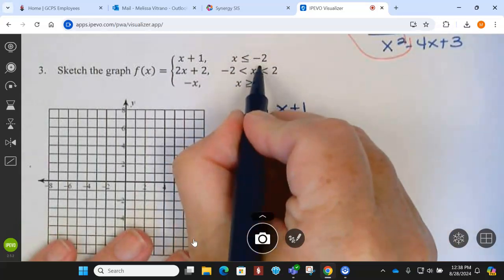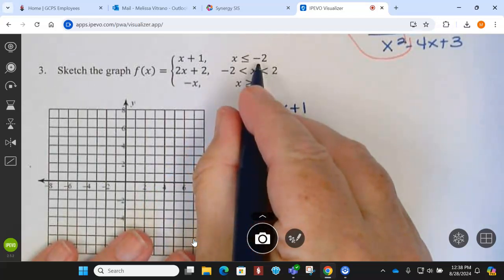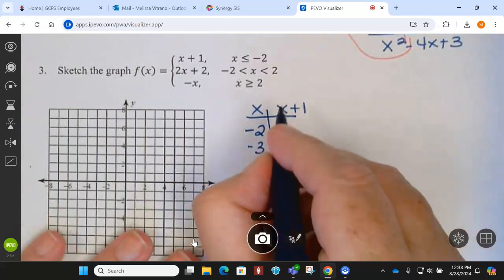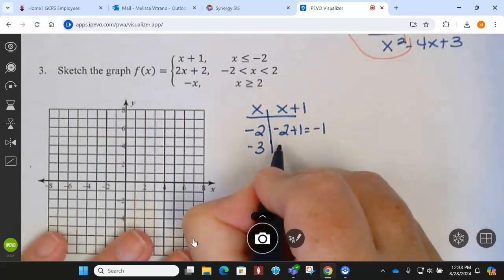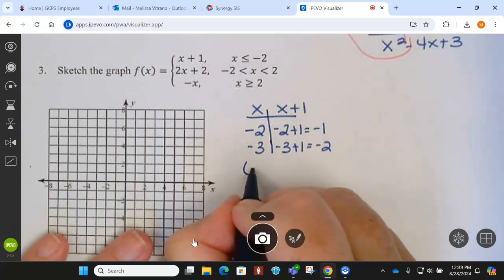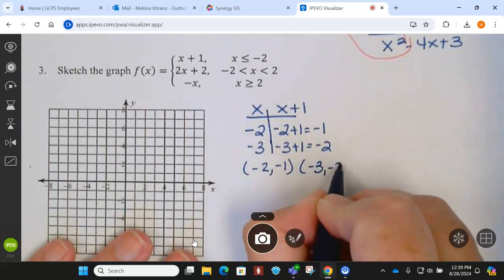Okay, so here I got to use my -2, and I need a number less than -2. I'm going to go with -3. So we plug these in, so -2 plus 1 is -1, and -3 plus 1, which is -2. So -2, -1, -3, -2.